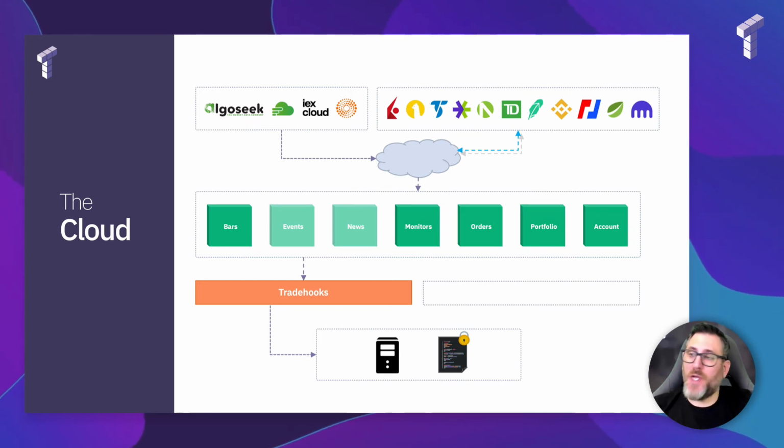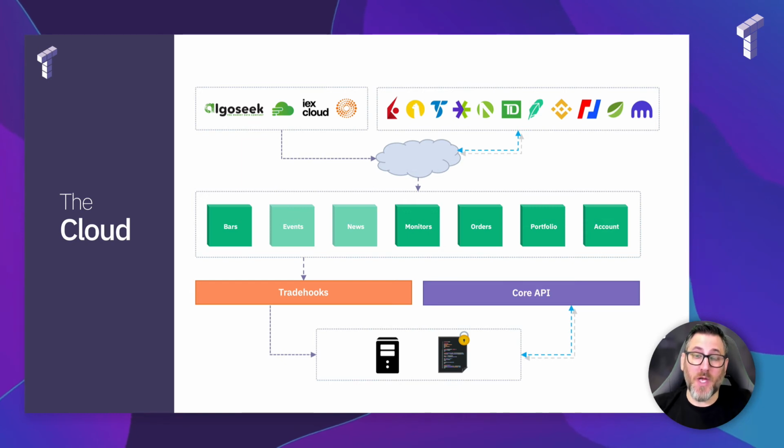Now, once you create an order or you want to do any sort of proactive request, let's say you want to know what's going on with a position that's not part of the data that you just received. So you wanted to receive information about Apple, but now you just want to know what's going on with the VIX, for example. In that sense, you'll send a request to the core API of Tradologics.